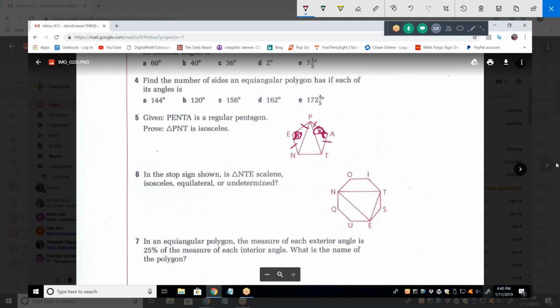So therefore, that makes them congruent based on what? Side, angle, side. And because they are congruent, then this one equals that one. Okay.